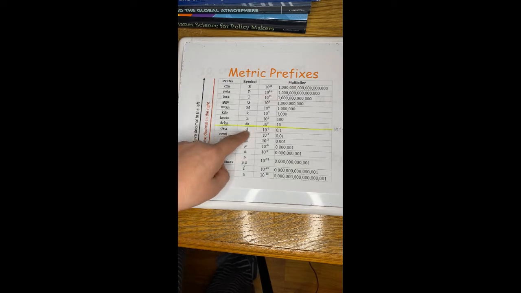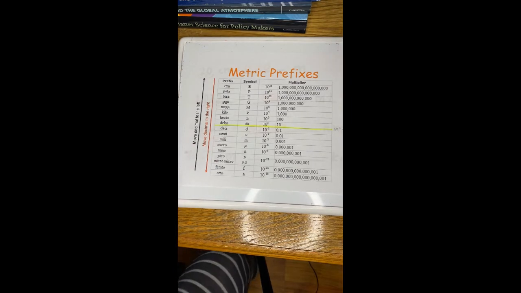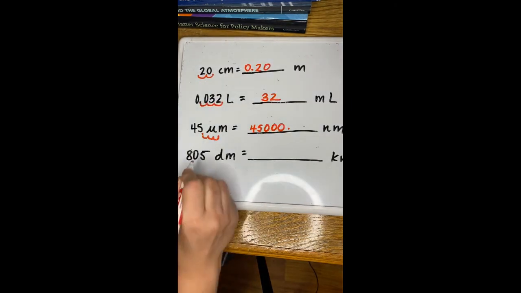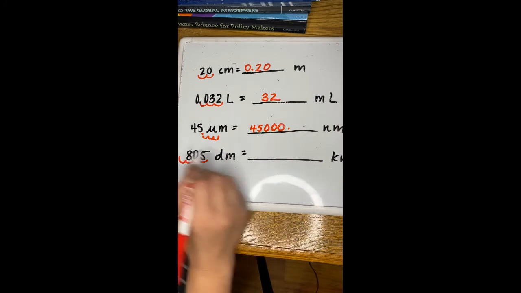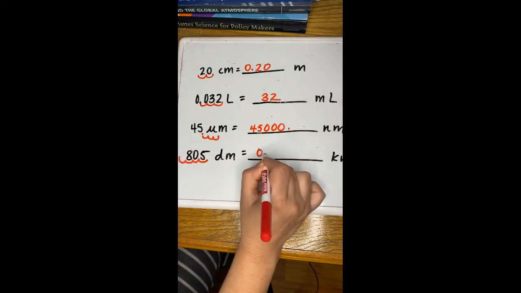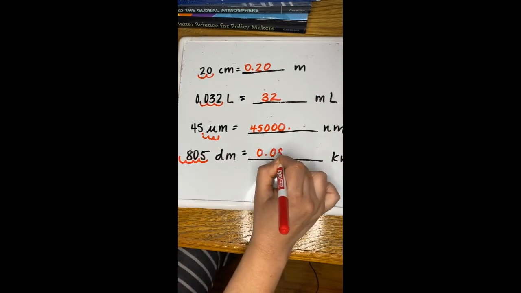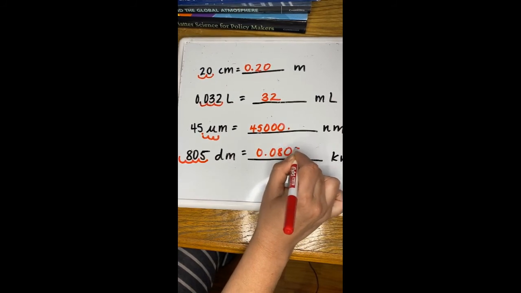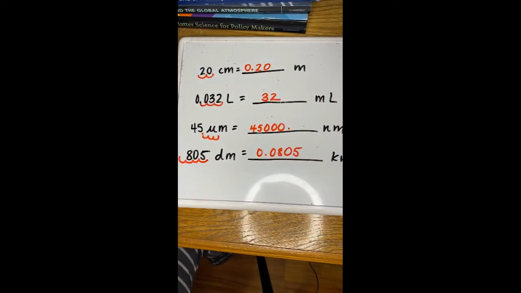And since we're going from deci to kilo, and we're going up, we're going 4 spots to the left. The decimal's right there, so you should get 1, 2, 3, 4. So that becomes 0.0805 kilometers.